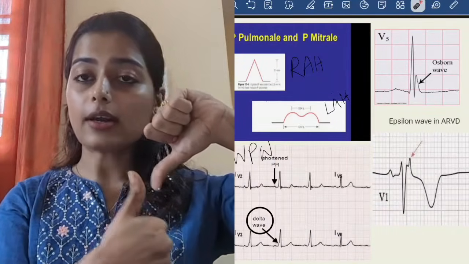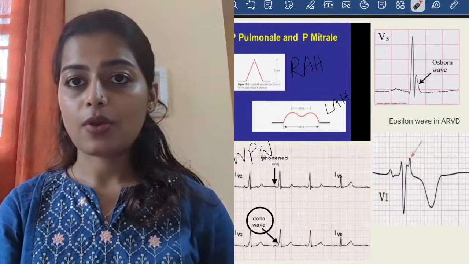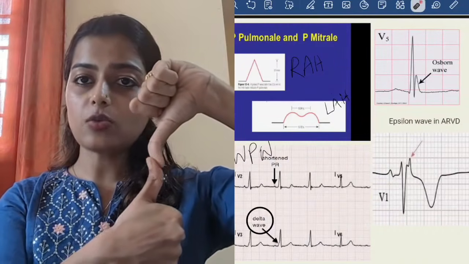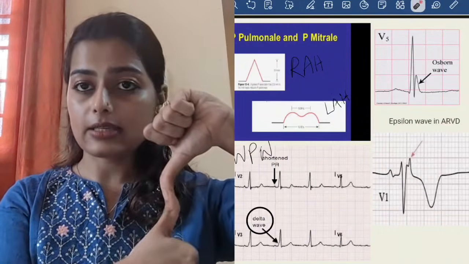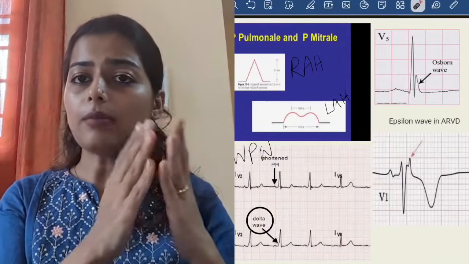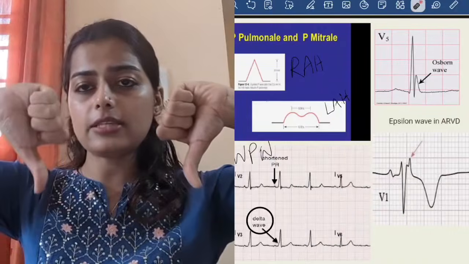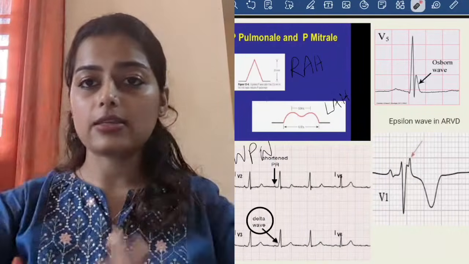Reaching, R for right axis deviation. Then the complete opposite of the normal scenario, lead 1 is negative and lead AVF is negative. This is extreme axis deviation.